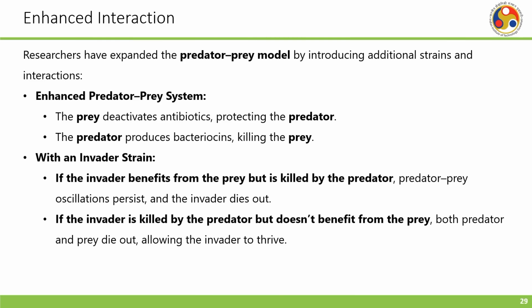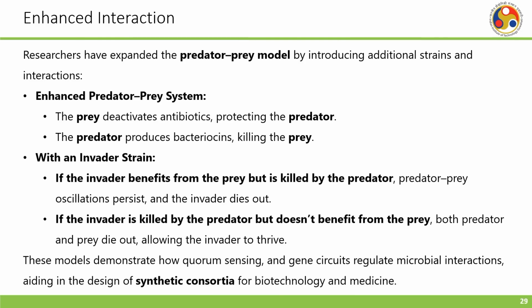If the invader is killed by the predator but does not benefit from the prey, both predator and prey will die, allowing the invader to thrive. These models demonstrate how quorum sensing and gene circuits regulate microbial interactions, aiding in the design of synthetic consortia for biotechnology and medicine.